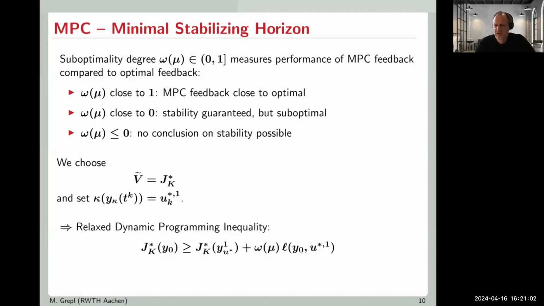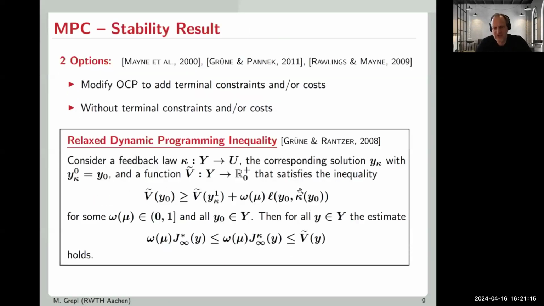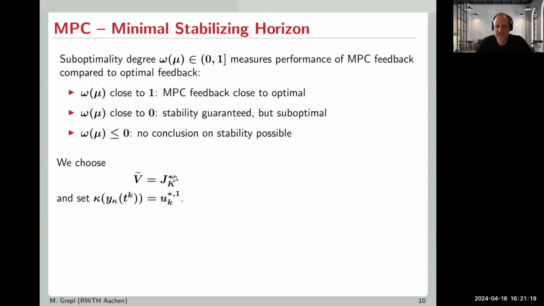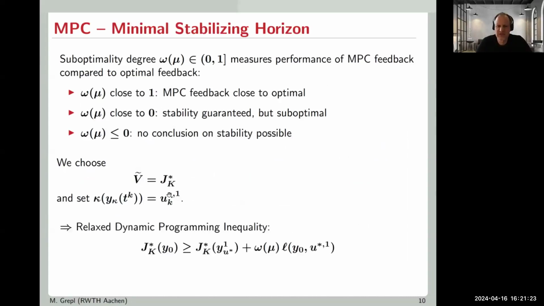Assuming that our assumptions on existence and so on are okay, what we then need to satisfy is the relaxed dynamic programming inequality for this choice of V tilde and the MPC feedback law.